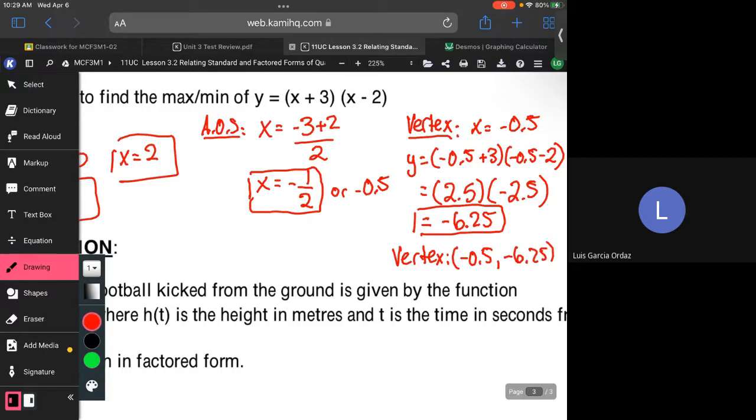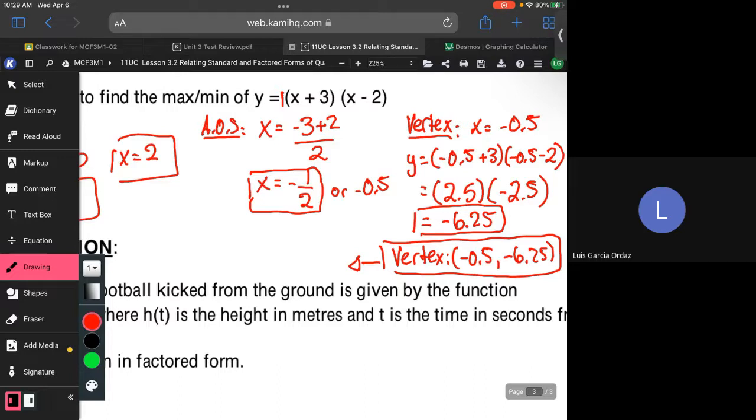Perfect. So now I have to determine if this is a max or a min. Remember, look at the number outside of the bracket. Is it a positive or a negative? Which means my graph opens which way?